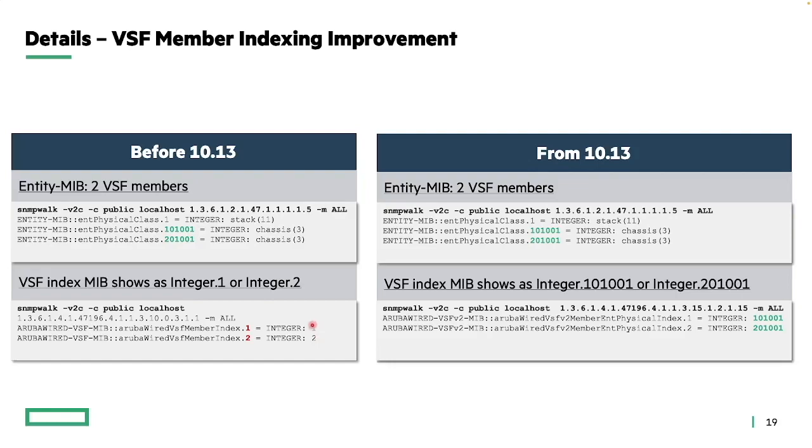Earlier the integer was 1 and 2, and here the integer is 101001 and 201001, which is in line with the entity MIB. I will correct this: these 1 and 2 are supposed to be in red color. This integer value, index 1, is supposed to be 101001 and 2 is 201001. And now with this, you will be able to have possibly monitoring with a complete graphical view as well.